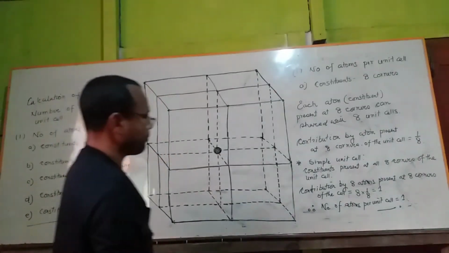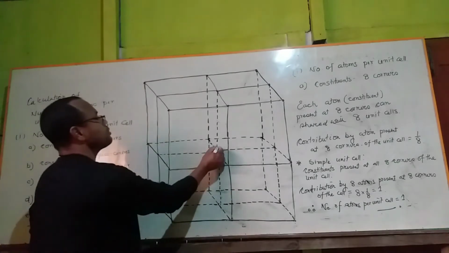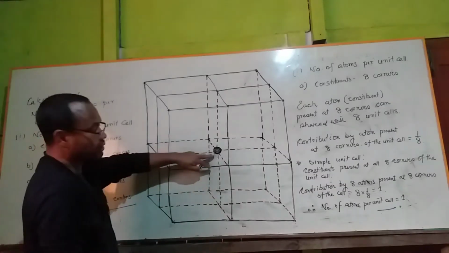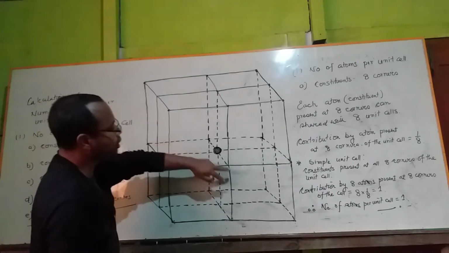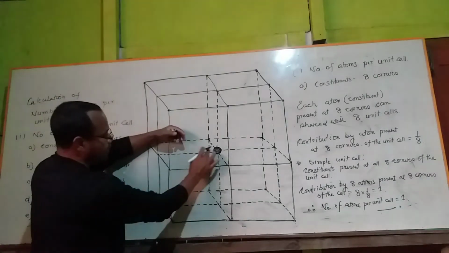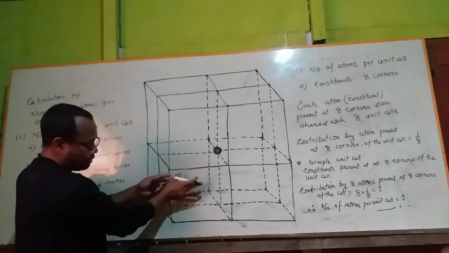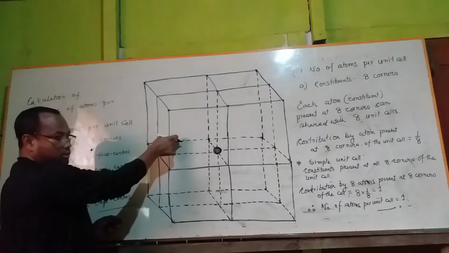Look at this, one of the constituents present at the corner. How many unit cells can share this constituent? This is one unit cell, and just behind this unit cell, one more unit cell is there.